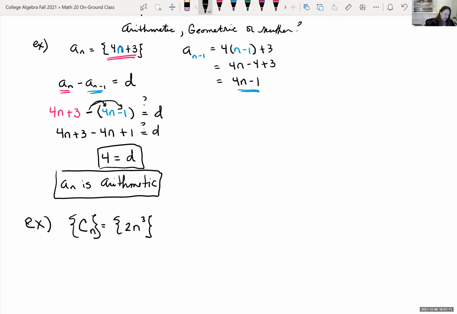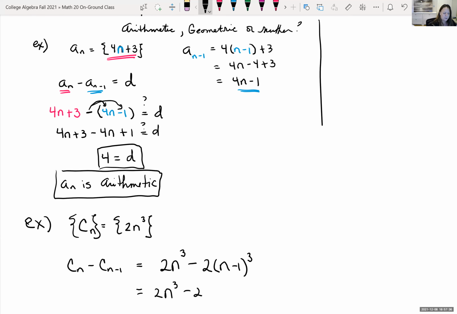Well, arithmetic, again, we would look at what is c sub n minus c sub n minus 1. So that would be 2n cubed minus 2, and now we're going to plug in n minus 1 wherever we see an n. So n minus 1 quantity cubed. We need to figure out what n minus 1 times n minus 1 times n minus 1 is. So let me just do the work on the side.